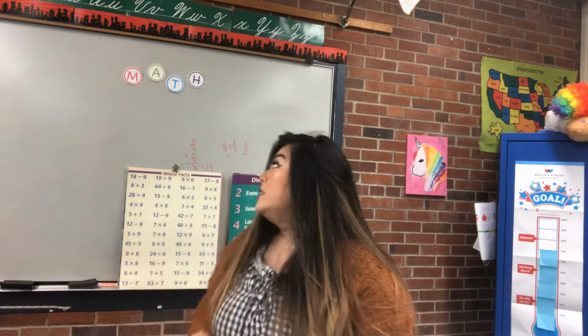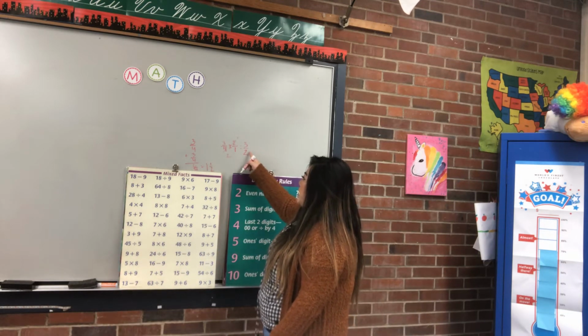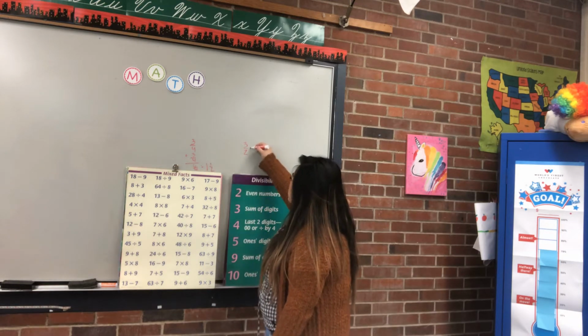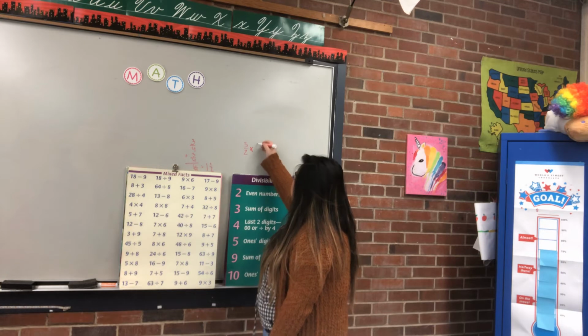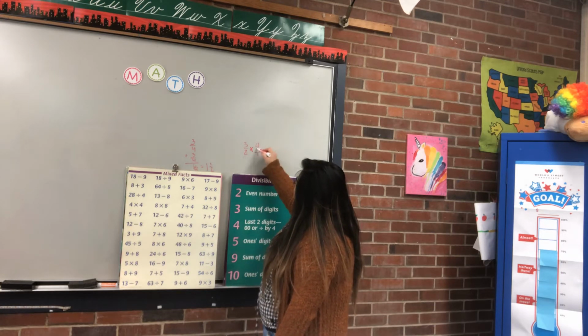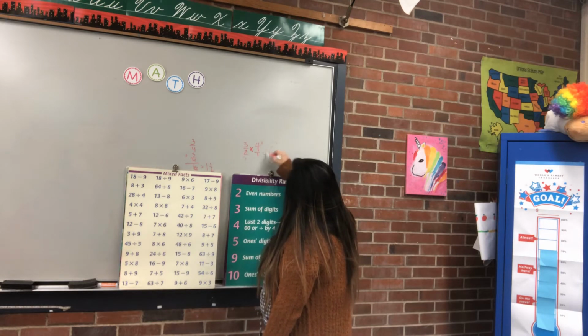Now it says how many inches were burned if it burned for 4 hours. So we'll just use this improper fraction 3/2 that we got before and multiply it by 4, because it was 4 hours. Cancel 1 and 2, and 3 times 2 equals 6.